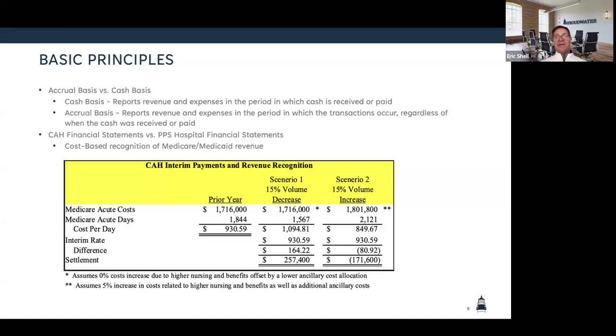Accrual-based accounting is you recognize revenue in your financial statements when you sold the asset, when you delivered a service, irrespective of when you received the cash. You recognize the expense when the expense was incurred versus when the check was paid. We talked about the example that we're all here getting paid, hopefully, for working.